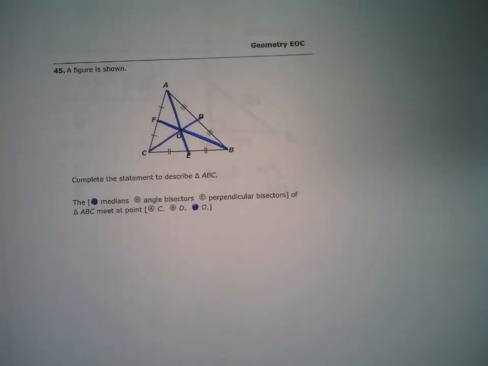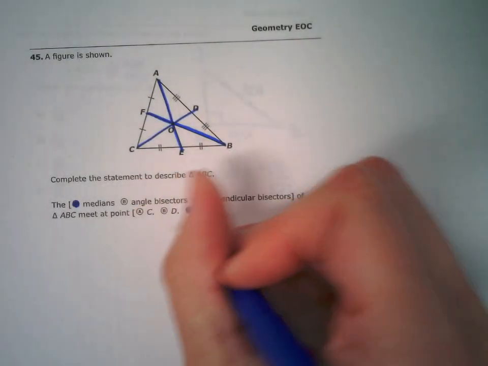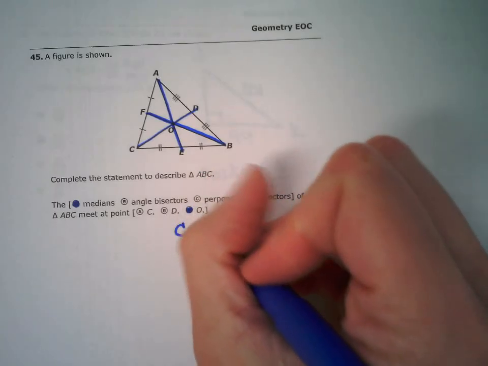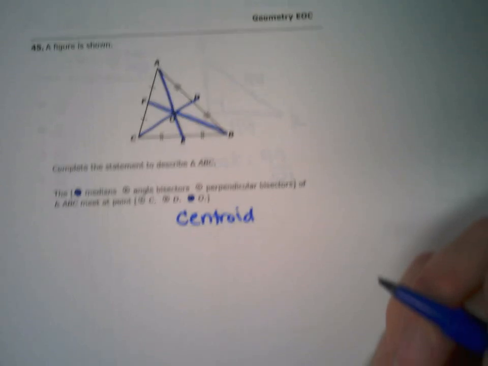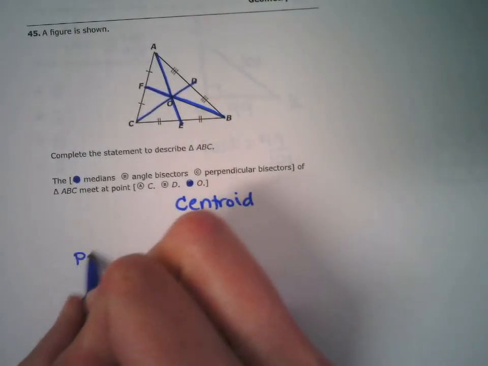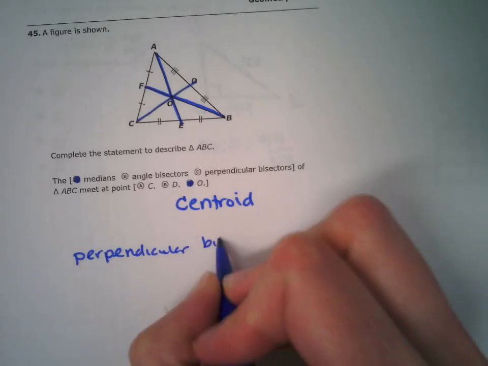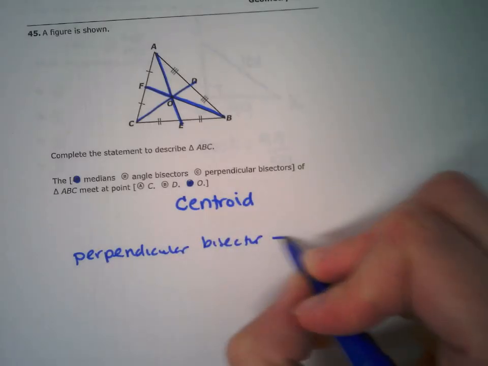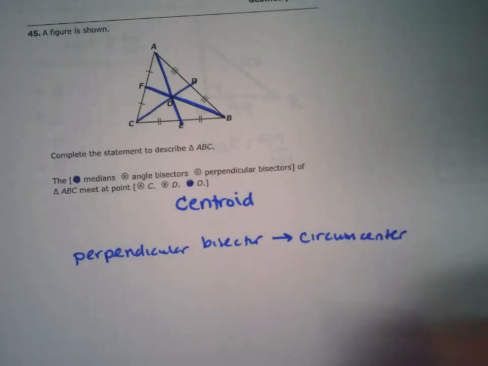Now, I really doubt your question would be this easy on the test. It probably would have to say what O is. O is called the centroid. Where all the medians meet is called the centroid. If you don't remember these vocabulary words, I would take a minute to study them. The perpendicular bisectors meet at the circumcenter.